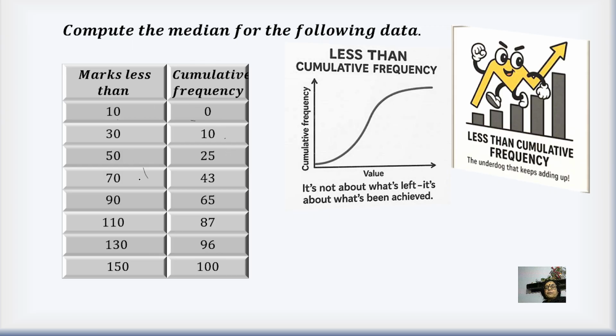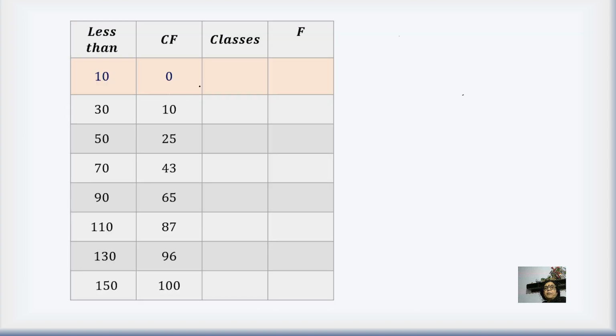So in these type of questions, what we have to do is first of all create the class intervals or the classes and find the actual frequency. That is the first step, and then calculate the median using the regular median formula. So this is the first class, less than 10 is 0. So my first class will start from 10 to 30. Why 10 to 30?